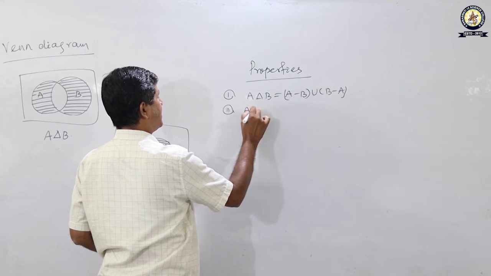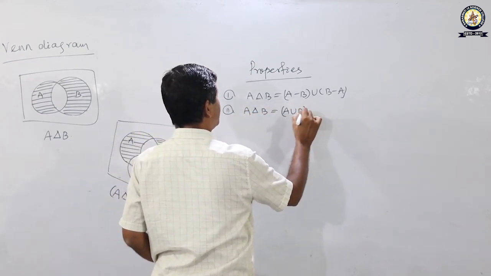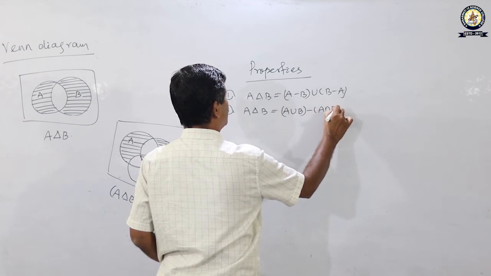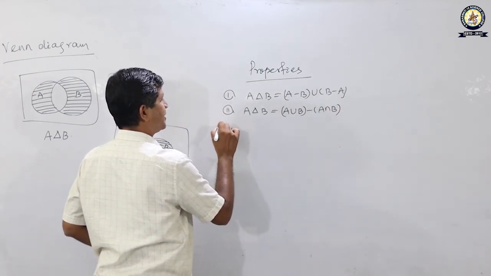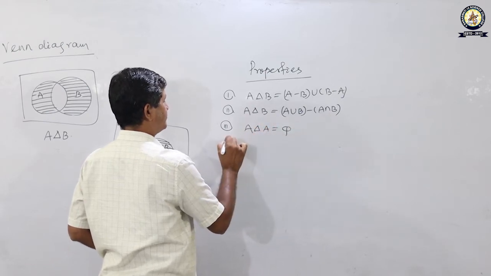Second bit, A del B equal to A union B difference A intersection B. Third bit, A del A equals phi.